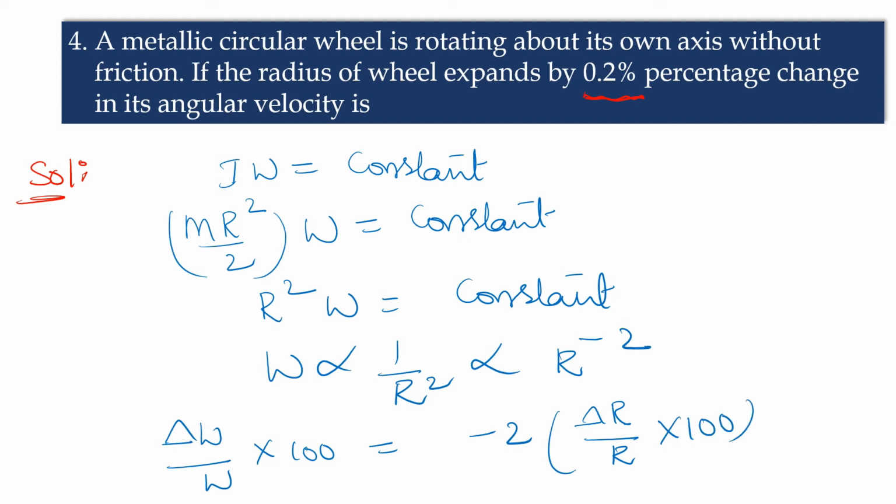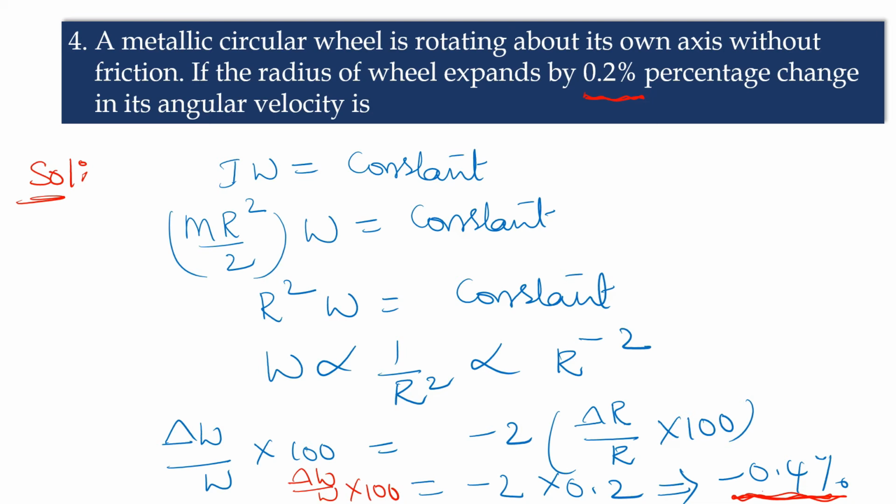So that is equals to minus 2 into 0.2. So finally the percentage change in its angular velocity is minus 0.4 percentage. This is the final answer. Okay, delta omega by omega into 100 is equals to minus 0.4 percentage. Okay, next we will go to the next.